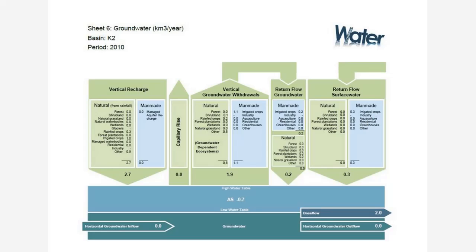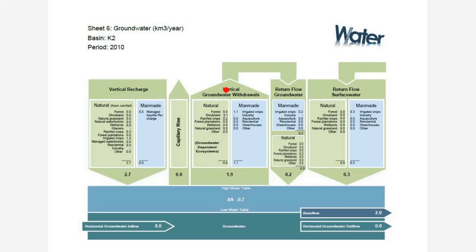Most of these values are estimated with the soil water balance model, and some are maybe some additional calculation about the withdrawals. So you have vertical recharge that comes from the soil water balance model divided per land use. You could have some capillary rise, some natural kind of abstraction. Then you have the withdrawals from irrigation, for example, this indicator here.